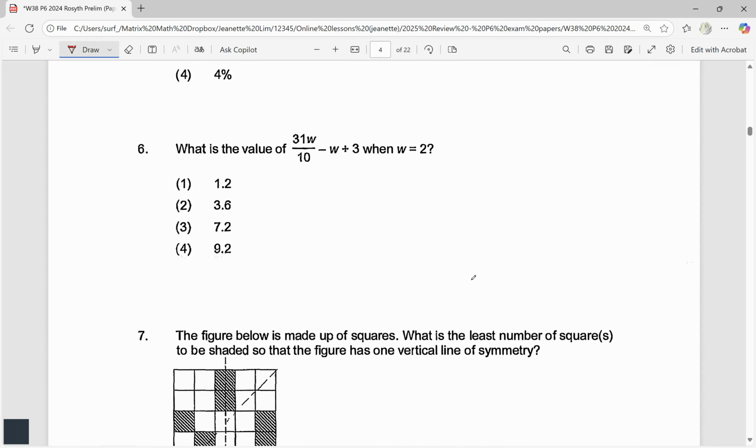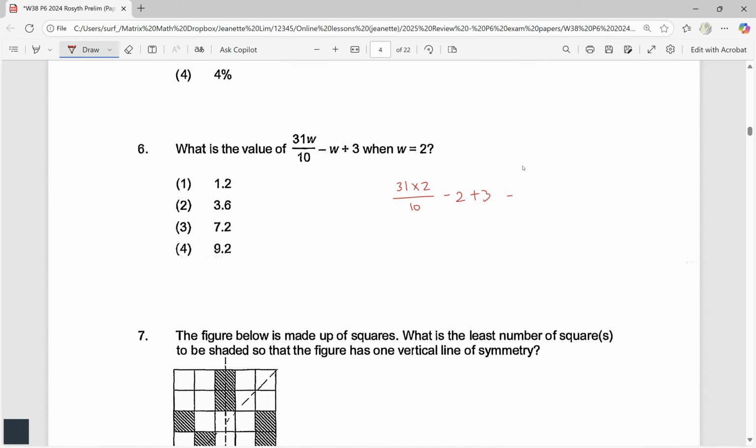Question 6. What is the value of 31W over 10 minus W plus 3 when W is 2? So 31W means 31 times 2 over 10 minus 2 plus 3.